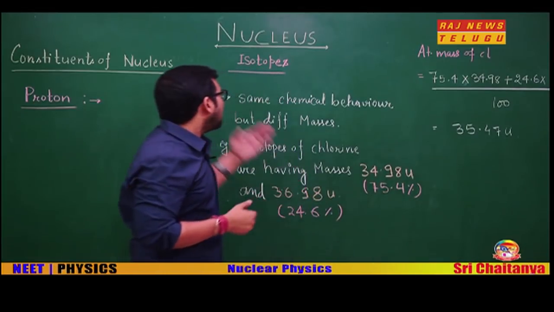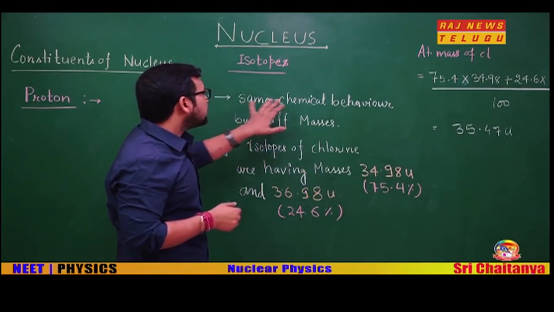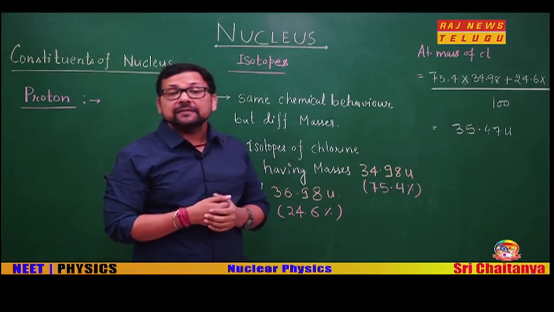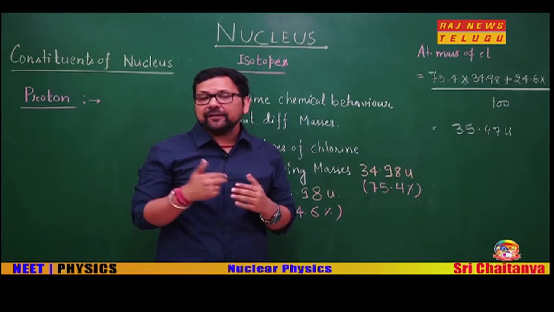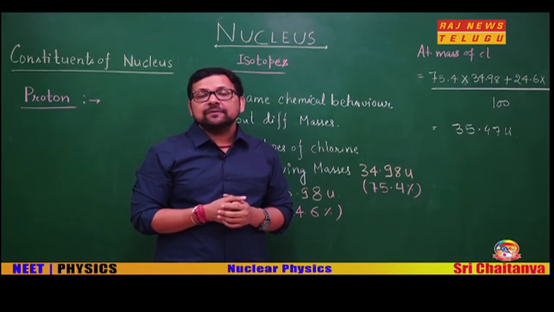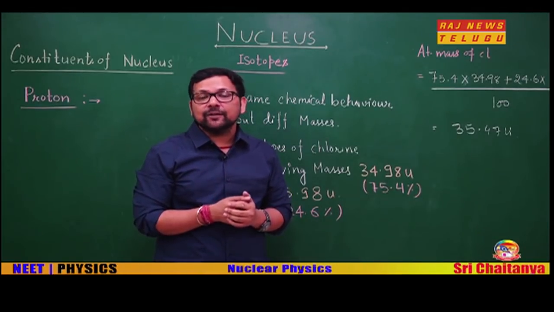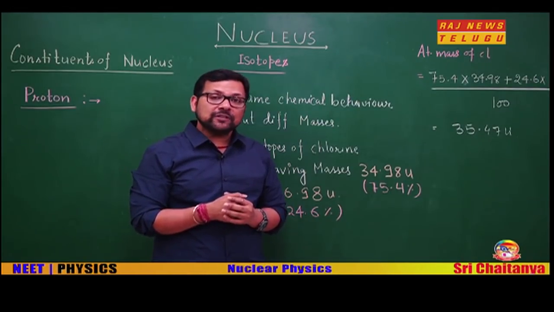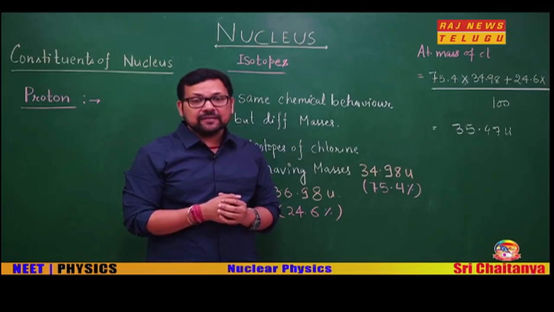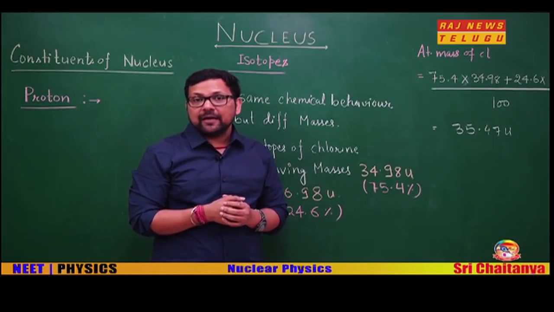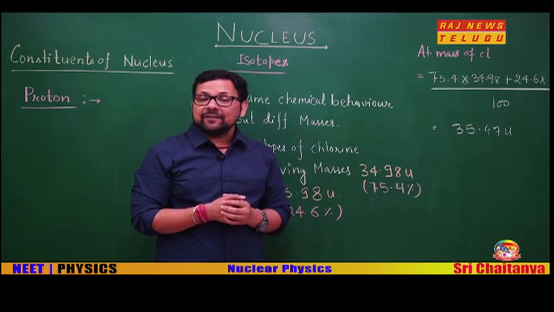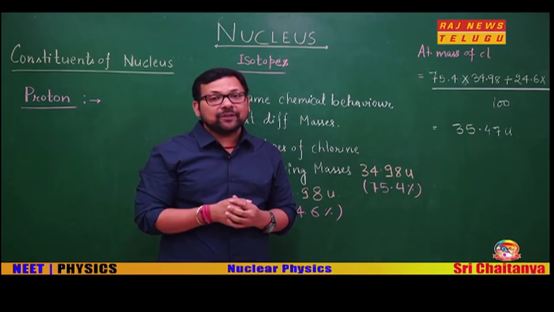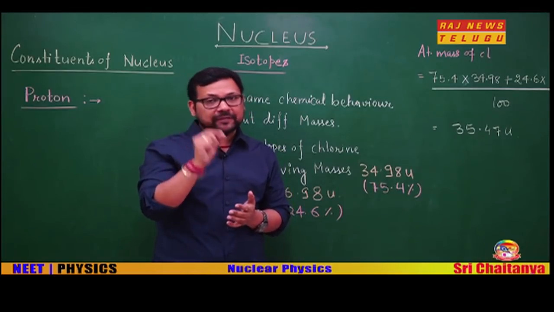See, isotopes have the same chemical behavior but different atomic masses. Chemical behavior is decided according to the electronic configuration. If the electronic configuration is the same, the chemical behavior is the same, and you very well know that the place in the periodic table is then one place.